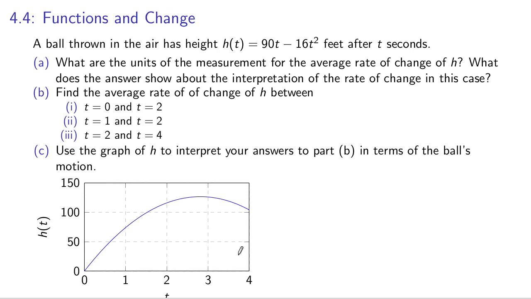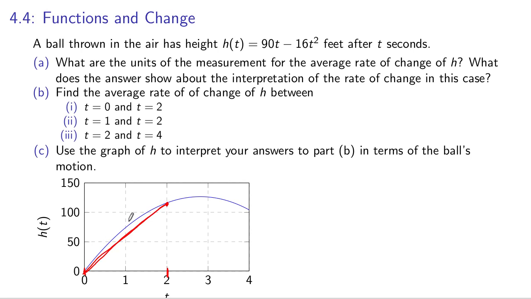C. Use the graph of h to interpret your answers to part B in terms of the ball's motion. So we have these 3 different intervals that we were looking at. So we have the interval from 0 to 2. That would be this interval from the input of 0 to the input of 2. It's looking at essentially the average rate of change over this part of the graph.